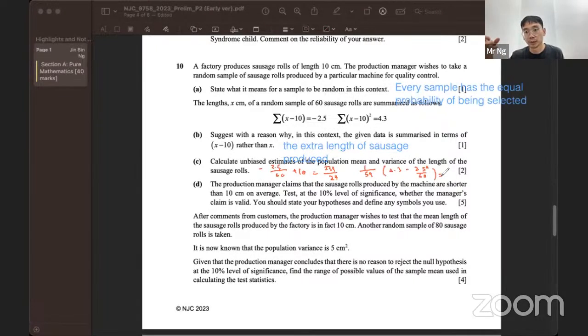So if just now you guys use my method, you need to times n over n minus 1 now.